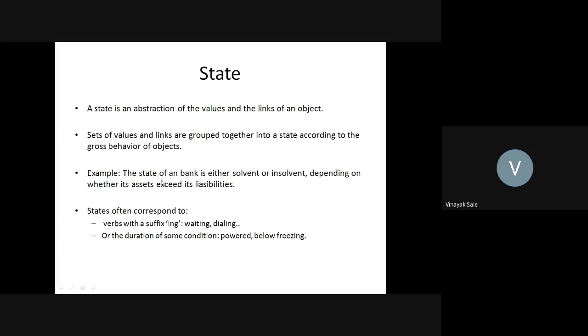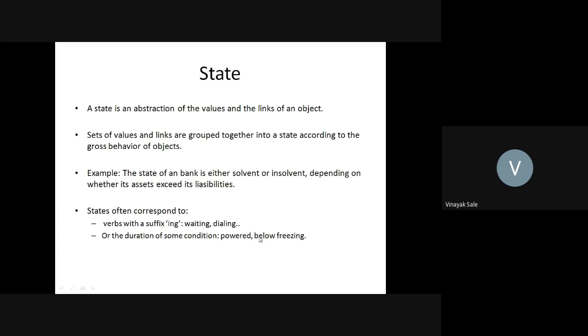An example is the state of a bank. The state of a bank is either solvent or insolvent, depending on whether its assets exceed its liabilities. States often correspond to verbs with the suffix -ing, such as waiting, dialing, or putting, or to the duration of some condition, such as powered or below freezing.